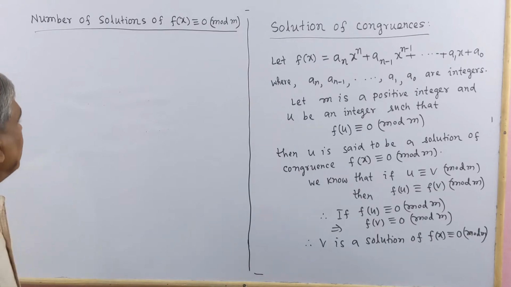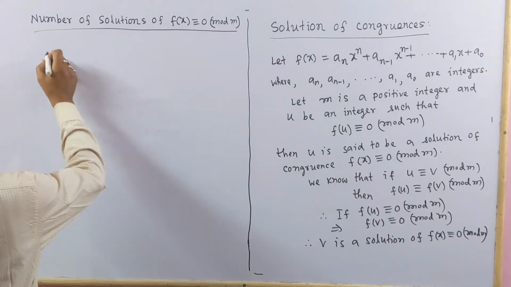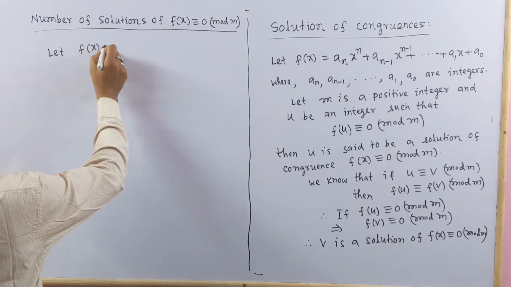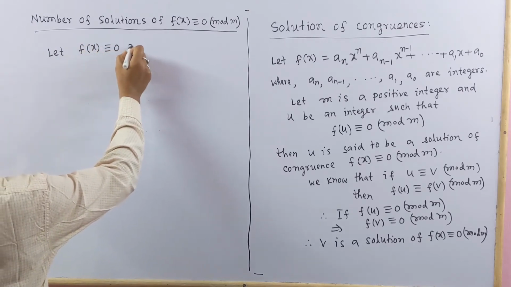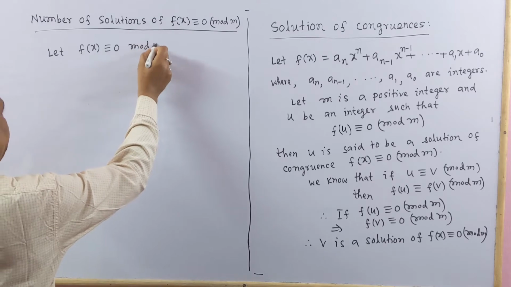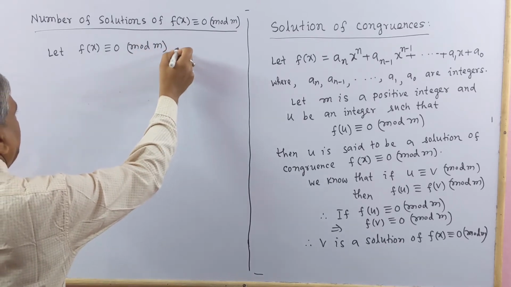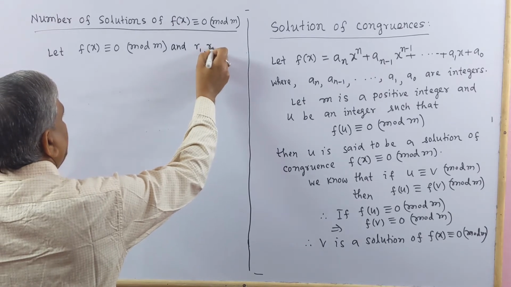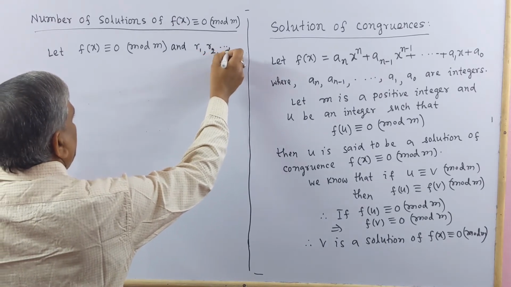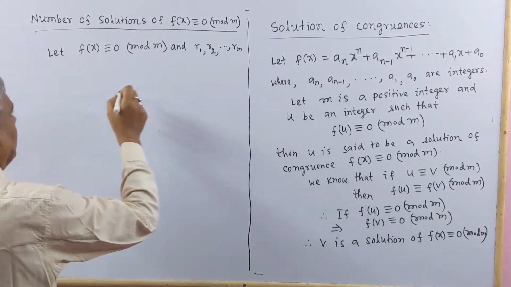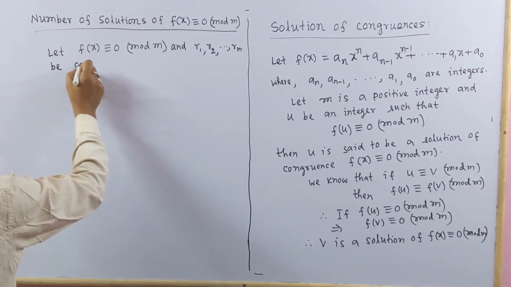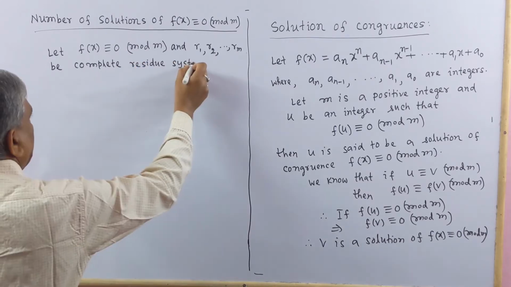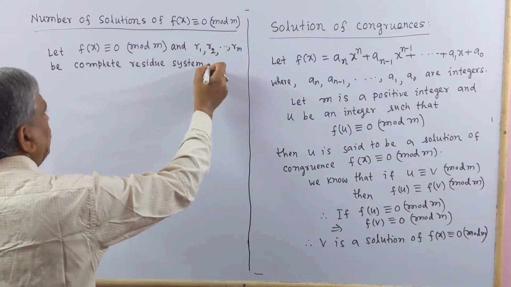Let f(x) be congruent to 0 modulo m, and r1, r2, ..., rm be a complete residue system modulo m.